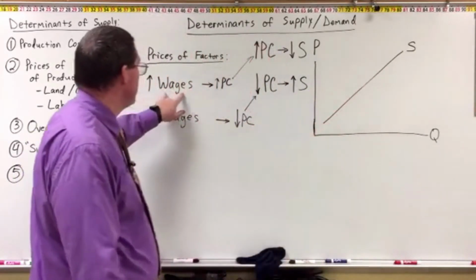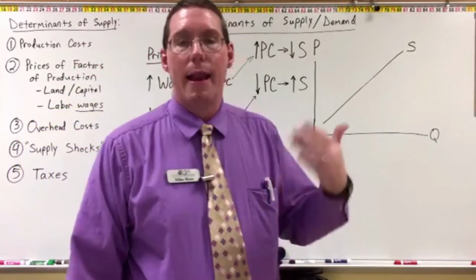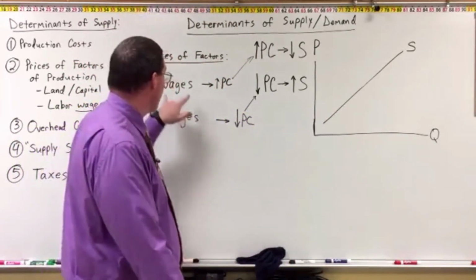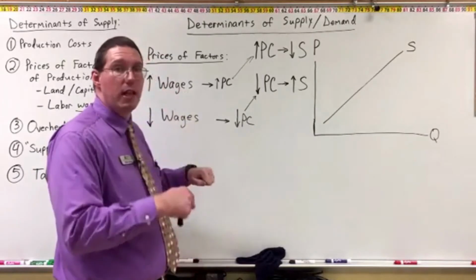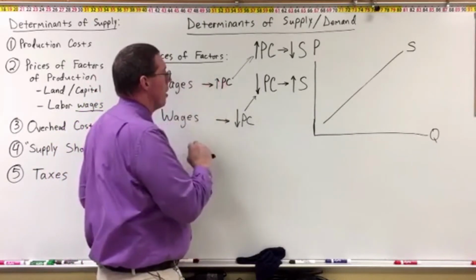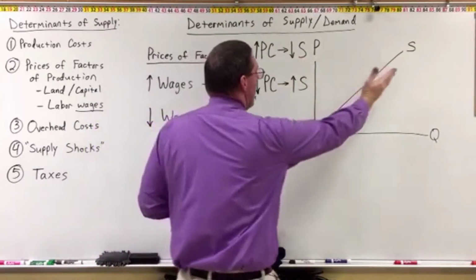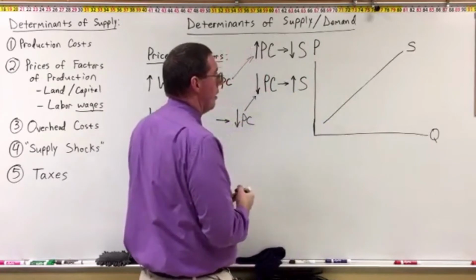But this is a situation where workers are actually getting paid more. They've all gotten a raise, and now the company has to pay out higher wages than they used to. Because they're paying more out, that's an increase in production cost. An increase in production cost means a decrease in supply and a leftward shift of the supply curve.